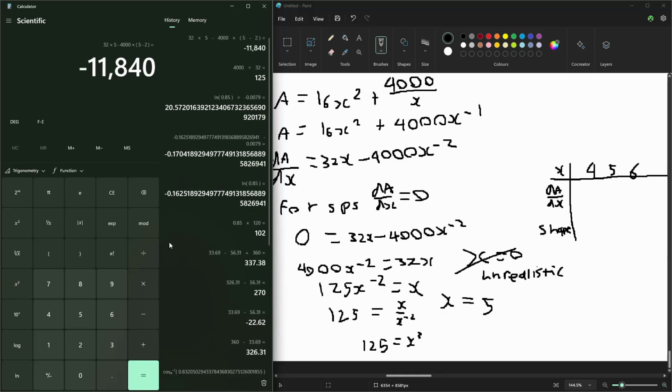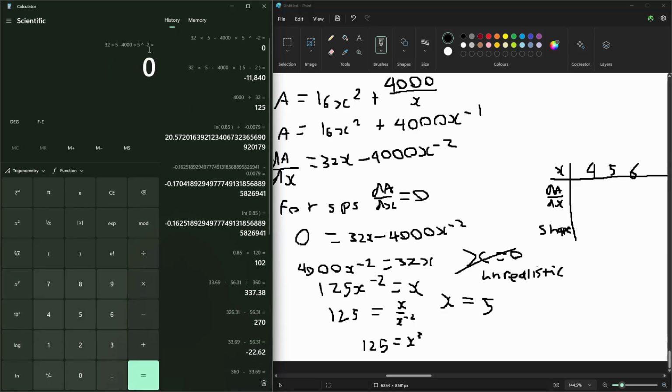Oh, okay, hang on, I messed that up. 32 times 5 minus 4,000 times 5 to the power of minus 2. 0. Right? So we can see here that this formula says that 5 is a stationary point. So we can put a 0 there.